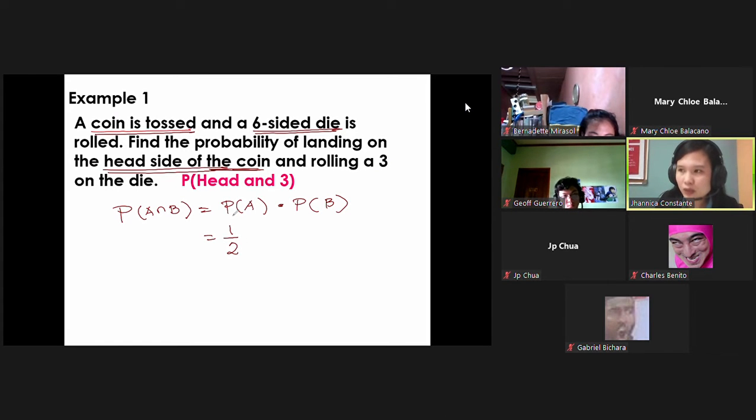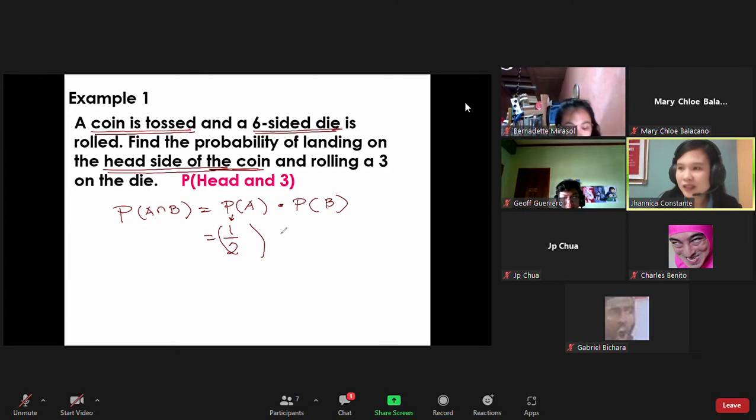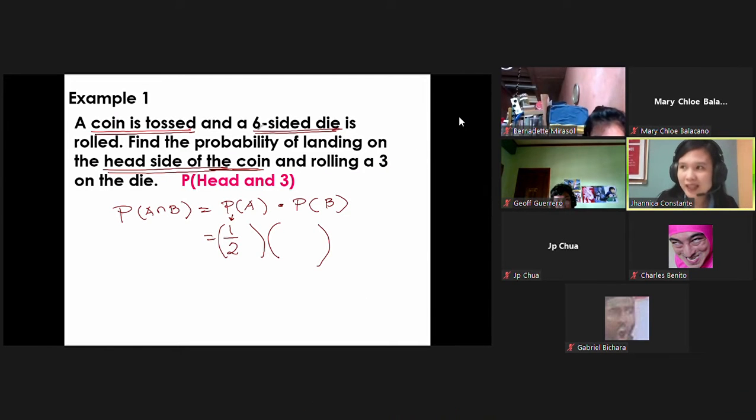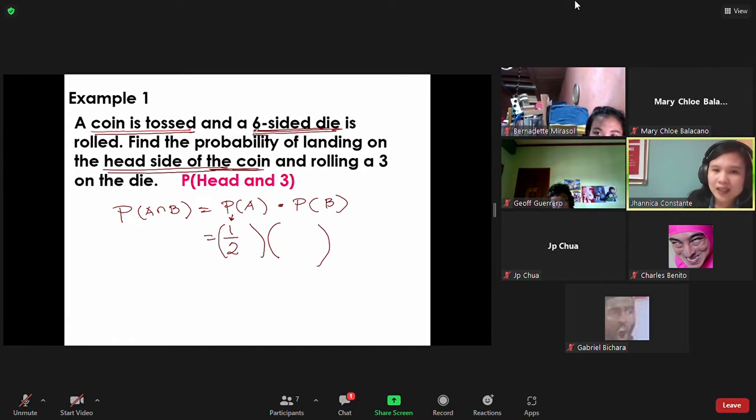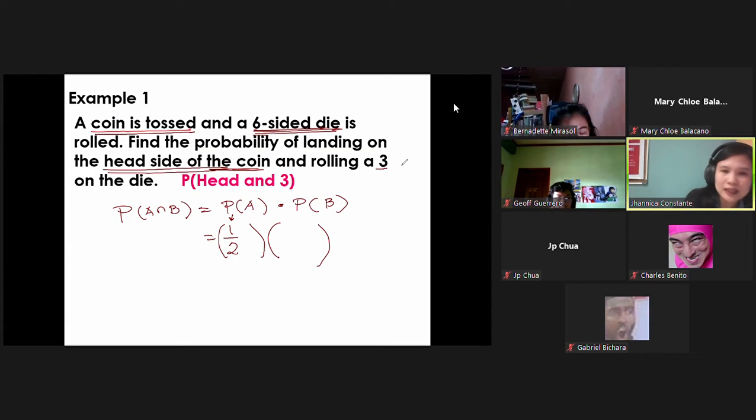So that is our first event, which is equal to 1/2, multiplied by the second event that we have, which is rolling a die. Once we roll the six-sided die, what is the probability that we will get a 3?